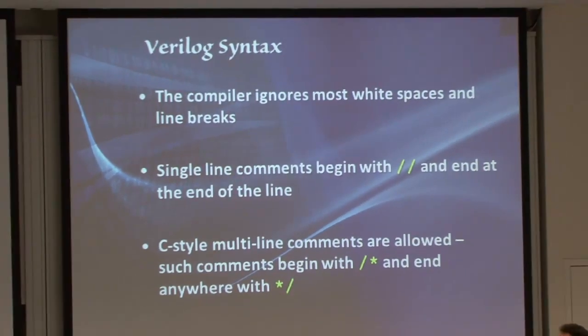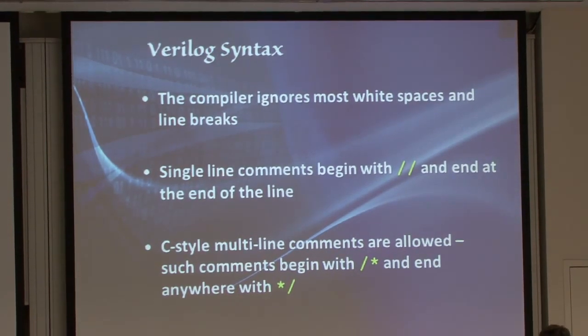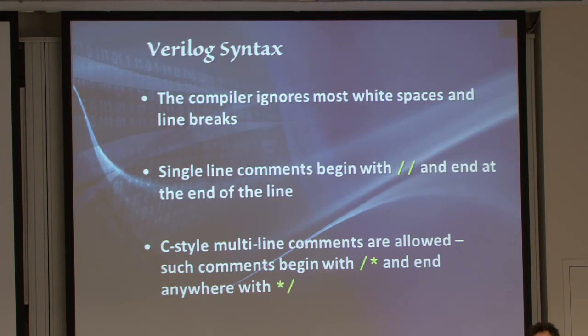So let's talk about the syntax of Verilog. For a starter, the Verilog compiler is very similar to C. It ignores most white spaces and line breaks. When you compile C code, and it's a similar thing with Verilog, the first iteration on your code will dump out any white spaces and line breaks.